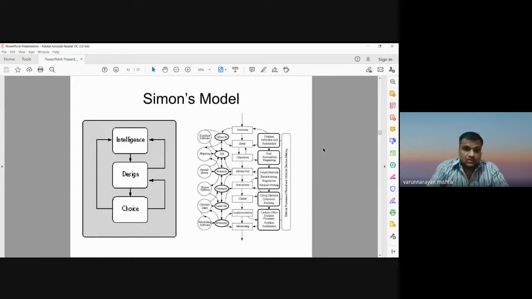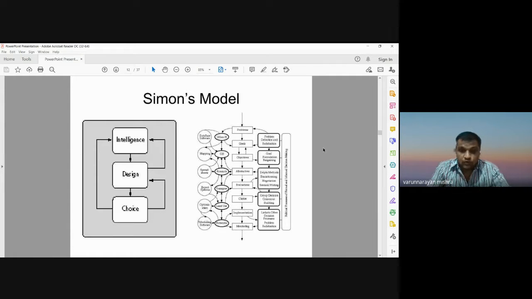This entire process is represented in the form of a flow chart: intelligence, design, and choice. It starts with problem identification, then the objective of your decision making, then how many alternatives are available. Then you work on the evaluation of each alternative, and choose the best alternative on the basis of your evaluation results.